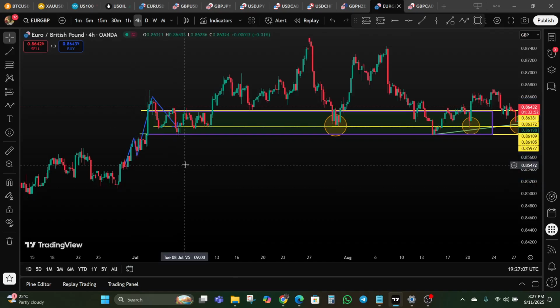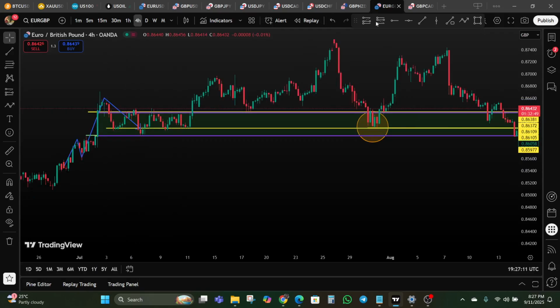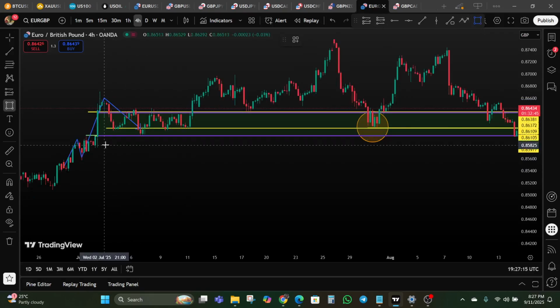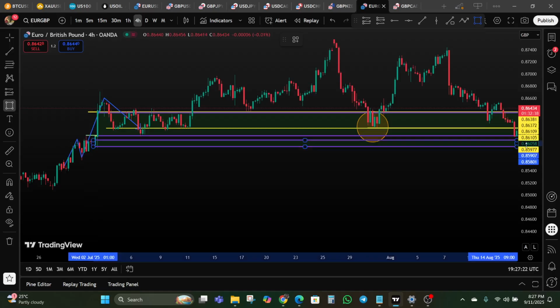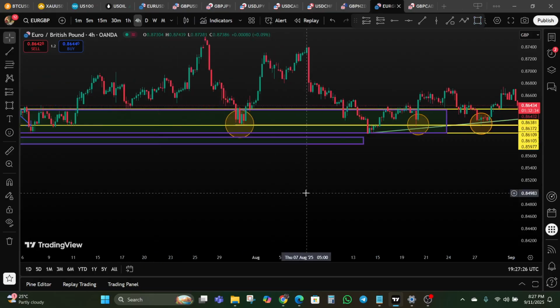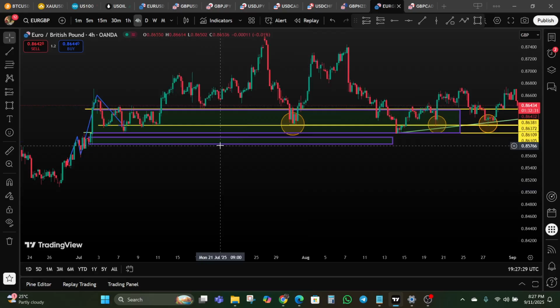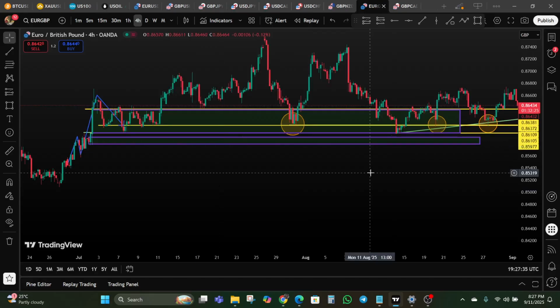So in that case, there was a break of structure, and I think we can use this as an example, because if we are looking at the last bearish candle before that, then we're going to be having this. Even though we can't use this as a good example because price did not tap into it, it's just for the purpose of explanation, right?